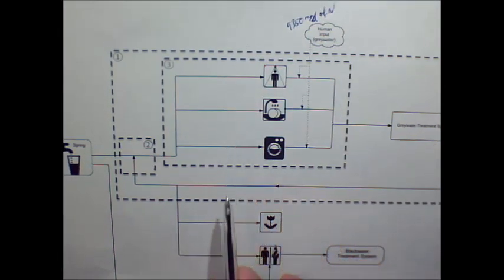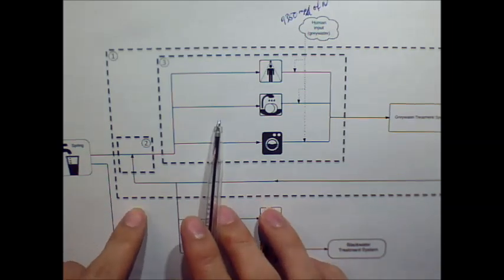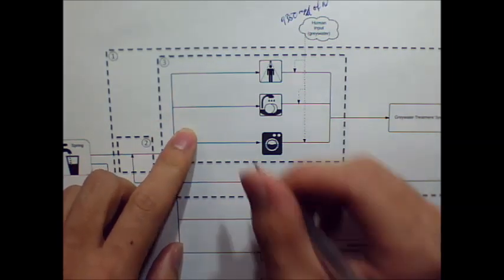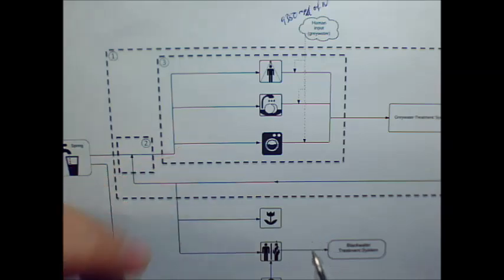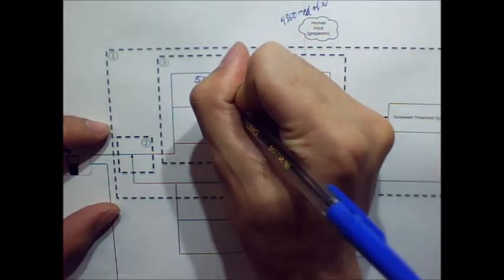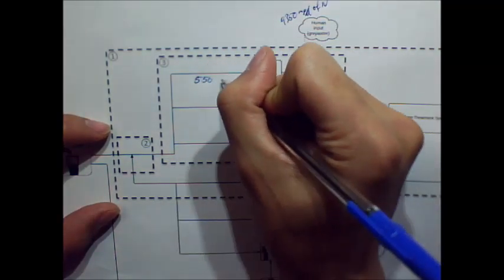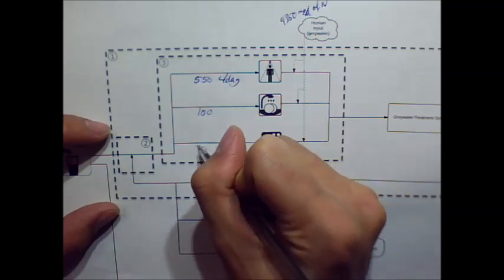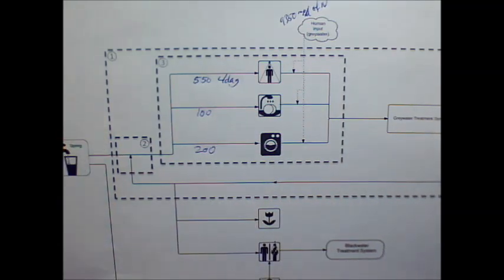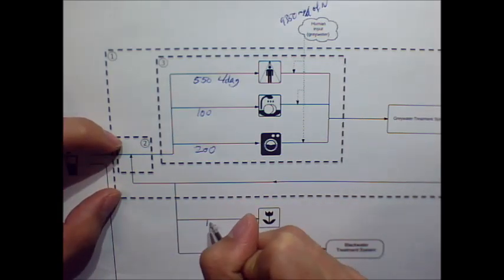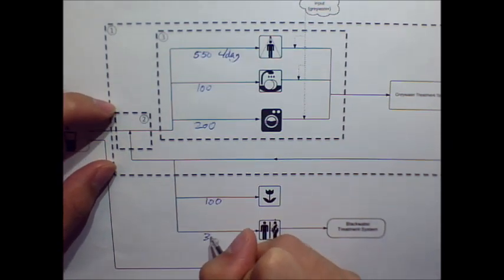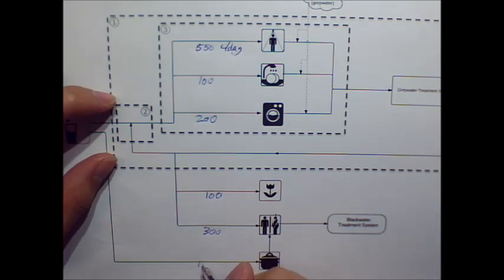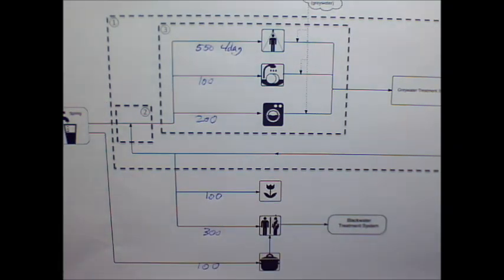You can go through and label each of these as well. And for each of these, all you have to do is look in the project brief. Remember, the project brief gives you flow rates per person per day. You've got a 10-person household, therefore you would need to multiply that number by 10. This would give you 550 litres a day, and you'd have 100 here, 200 here, 200 here, check that, and we've got 100 here, 300 here, and finally 100 down here as your flow rates.